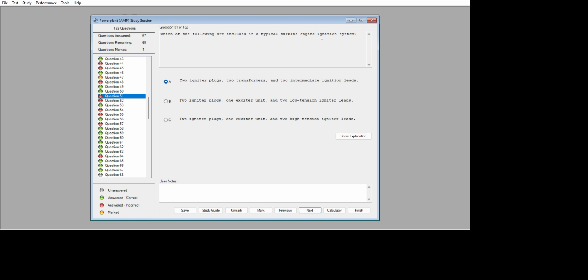Which of the following is included in a typical turbine engine ignition system?